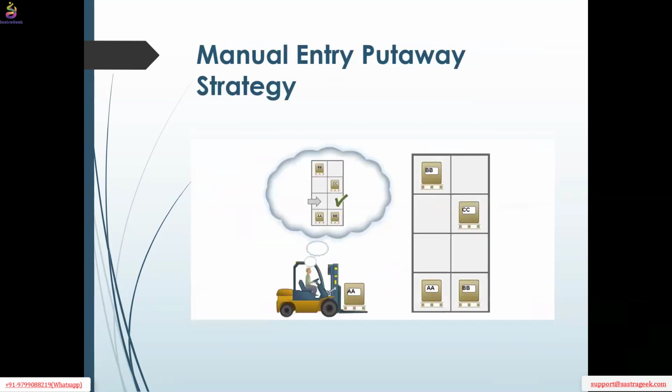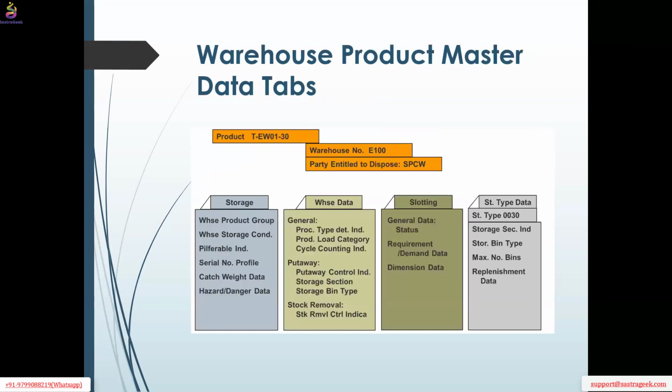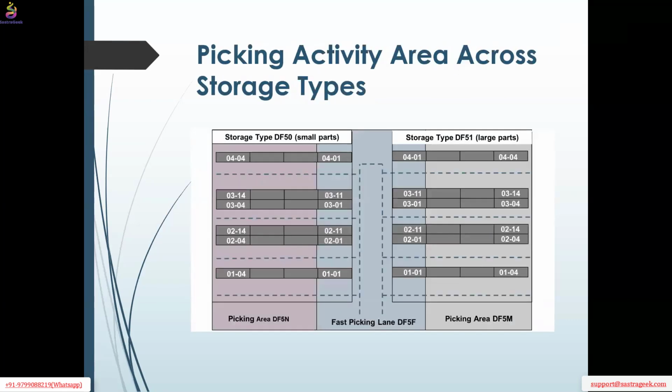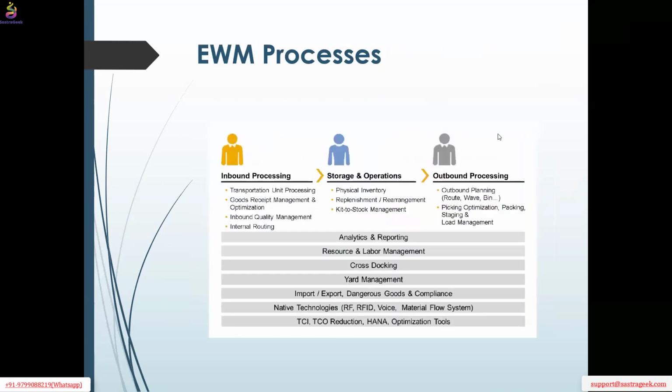Now, when I talk about this particular thing, I mean the operations, in the sense the processes, how exactly we would be differentiating the processes in a warehouse within an inbound or an outbound and the internal one.